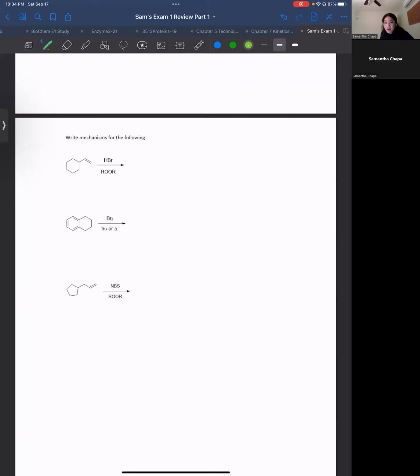So for HBr and ROOR, this is a radical reaction because you have a radical initiator down here. So when you see HBr with a radical initiator, you know that we're going to follow anti-Markovnikov's rule, anti-Mark, meaning we're going to add hydrogen to the most substituted carbon on the double bond.